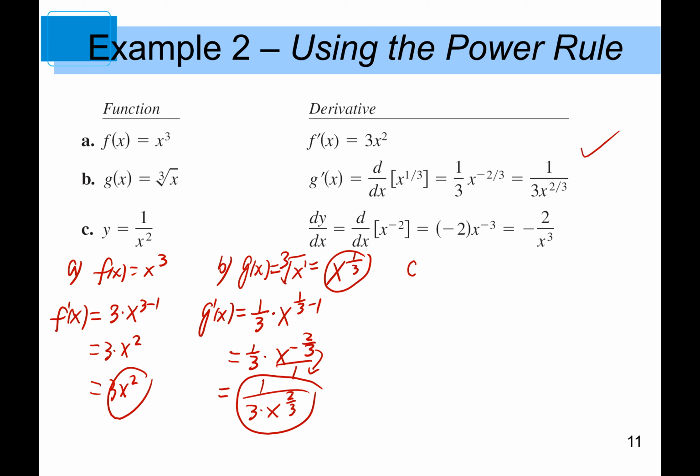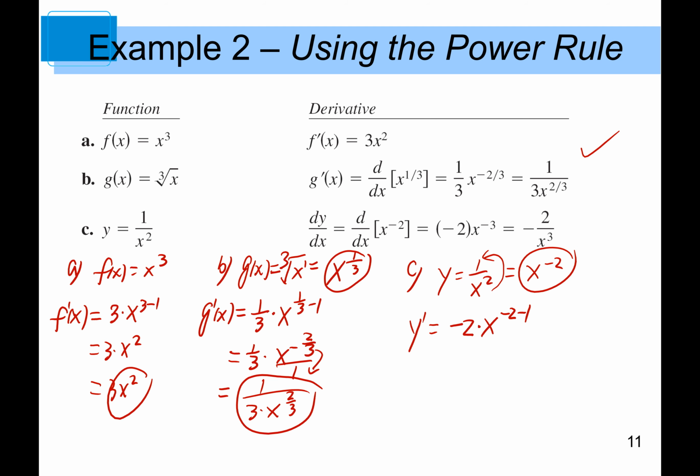And the third one, we have y equals 1 over x squared. If you flip this to the top, it becomes x to the negative 2. Now we can use the power rule. So y prime, put the exponent in front as a coefficient, reduce the exponent by 1, and multiply.